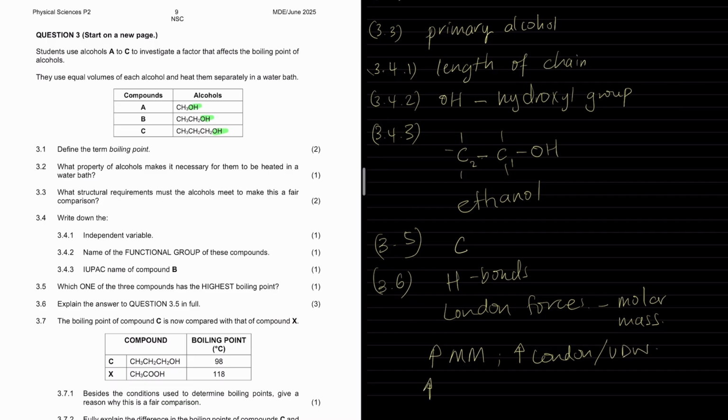And if you have increased van der Waals, you have an increased boiling point. So C has the largest molar mass, and so it's going to have the strongest intermolecular force of the 3, and so it's going to have the highest boiling point.